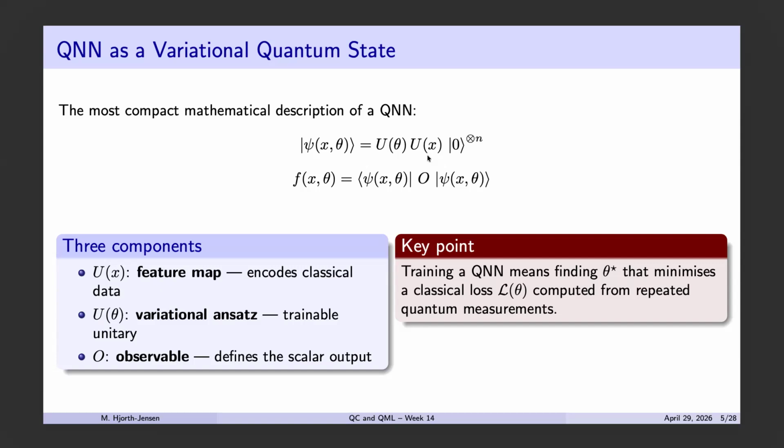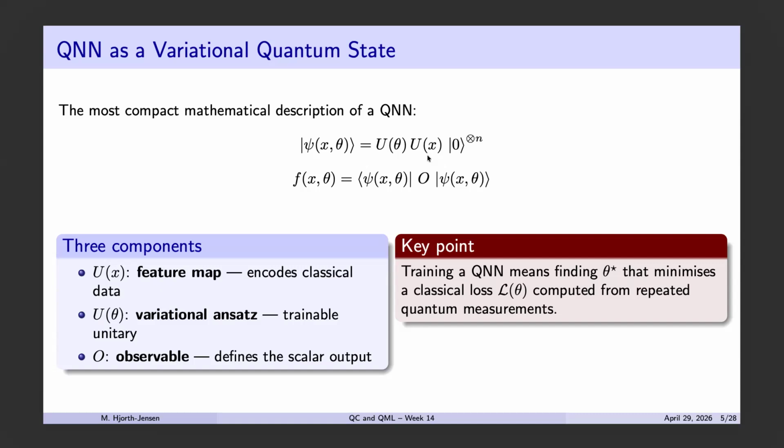So quantum mechanically, if we are dealing with a quantum computer, we would have to have an intermediate step, a beginning step, where we encode the classical data into quantum data. This is something which can actually limit a lot of the calculations. And then we have a variational ansatz, where we have the training parameters, and this is as before.